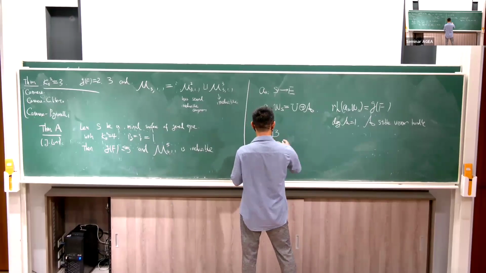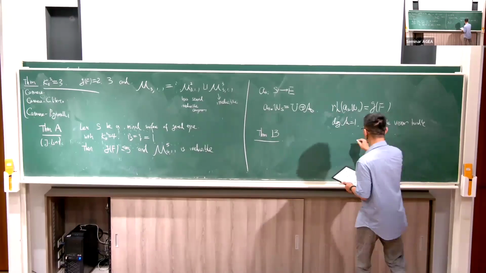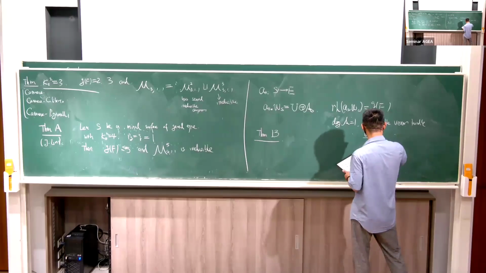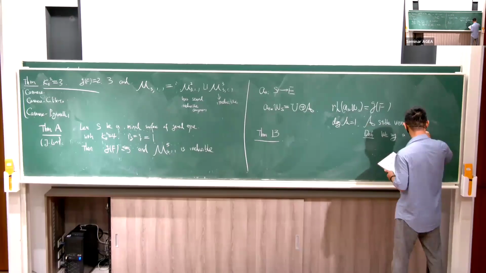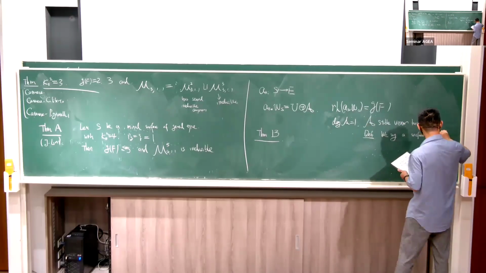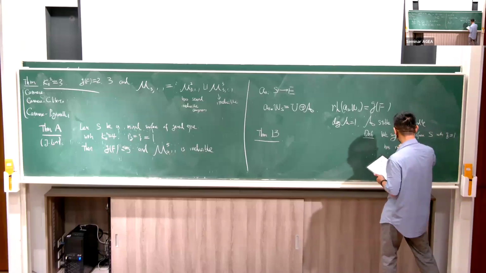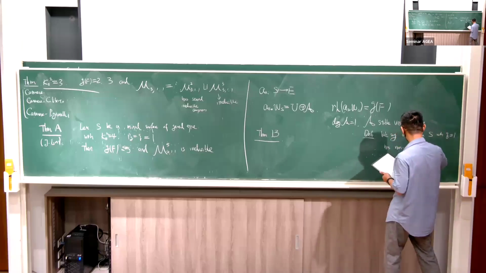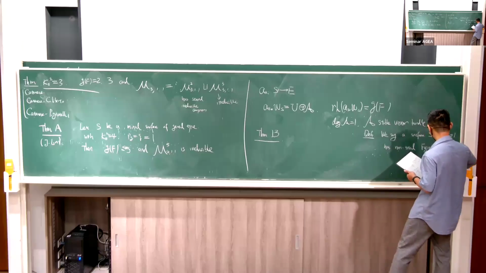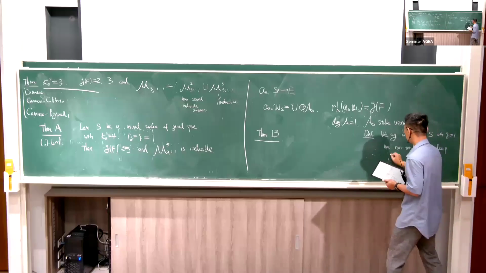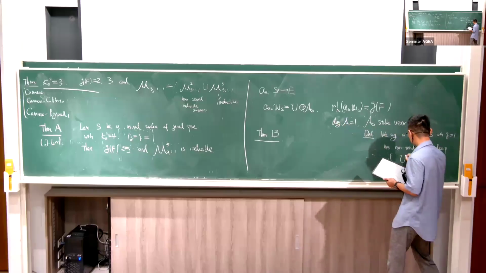So maybe I should give a name. I will define: we say a surface S with q equal to 1 has non-trivial Fujita decomposition if the unitary part of the pushforward of the canonical bundle is non-zero.